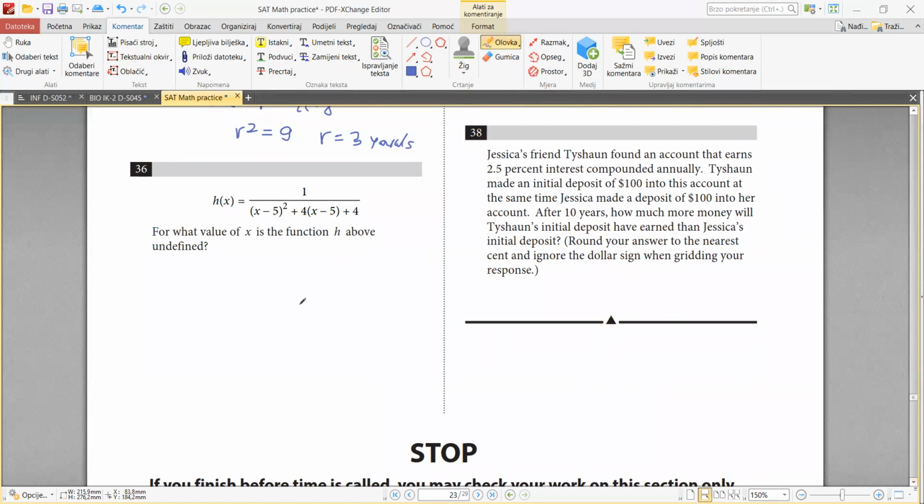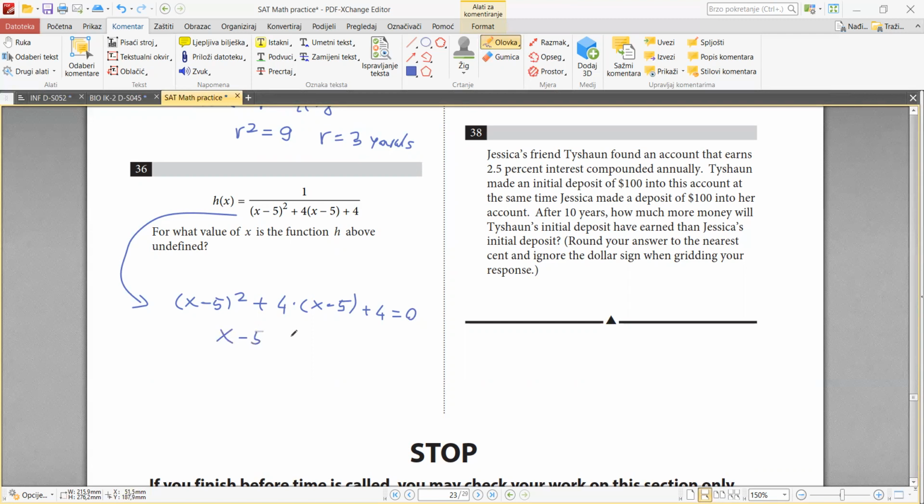Question number 36. For what value of x is the function h above undefined? So we must start with (x minus 5)² plus 4 times (x minus 5) plus 4 equals 0. And now we'll make a substitution.